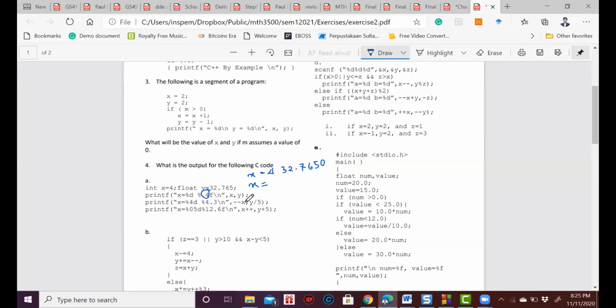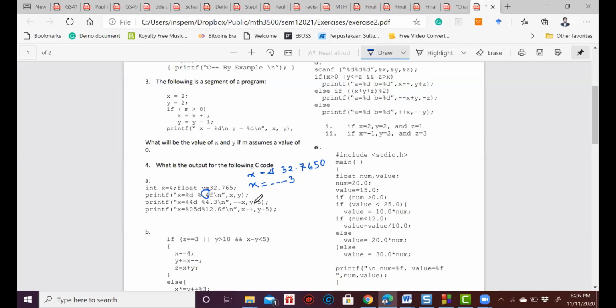Minus x is 3, right? So we have blank space, then 3, and then the answer is 3. So this one is blank space, not a dash. Take note of this. I am informing you this is blank space. And then y divided by 5?